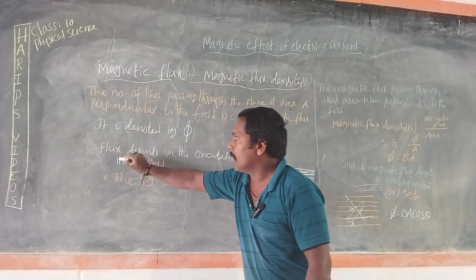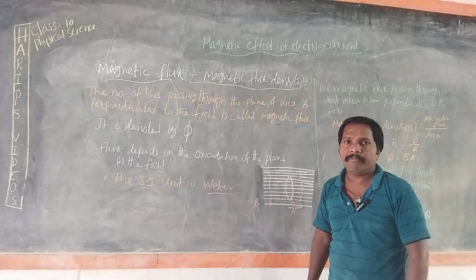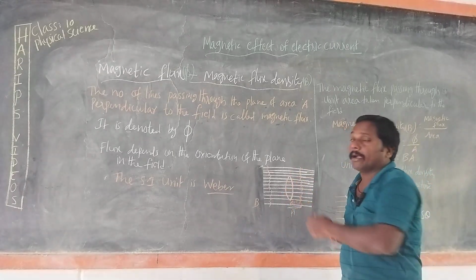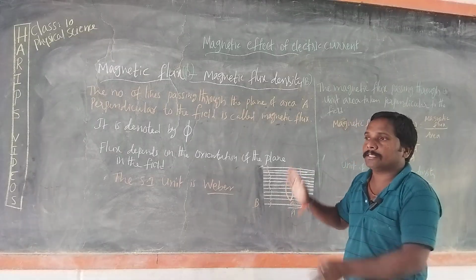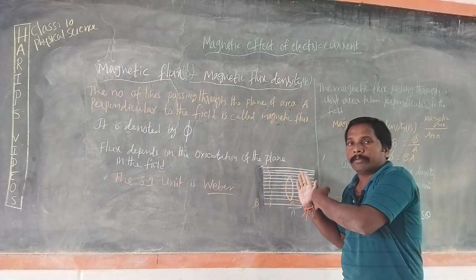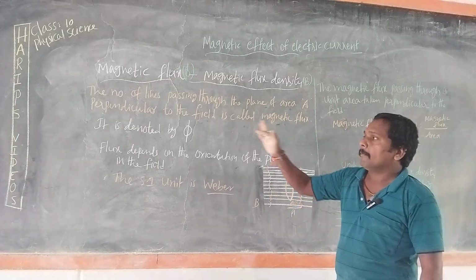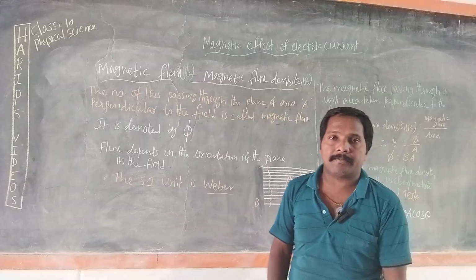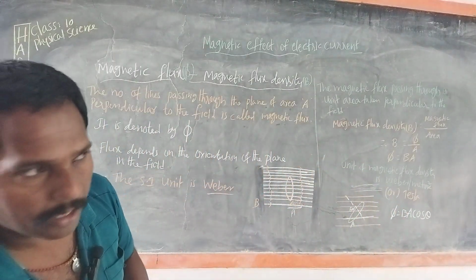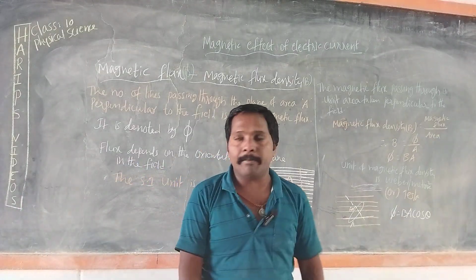So the magnetic flux depends on the orientation of the plane in the field: whether the plane area is parallel, perpendicular, or makes some other angle with the magnetic field.